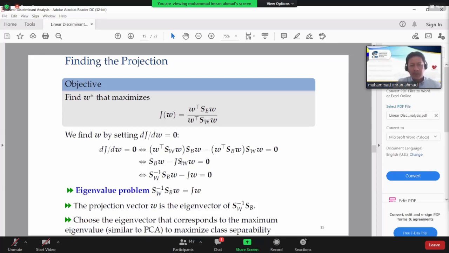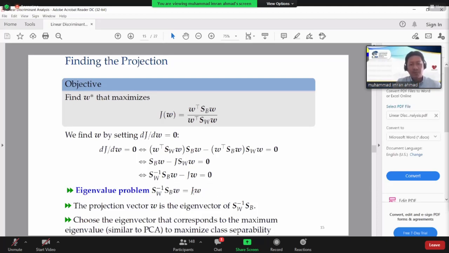And then you divide by SW. So we have SW inverse SB W minus JW equal to 0. And then this one becomes SW inverse SB W equal to JW. So this one gives you the eigenvalue problem.